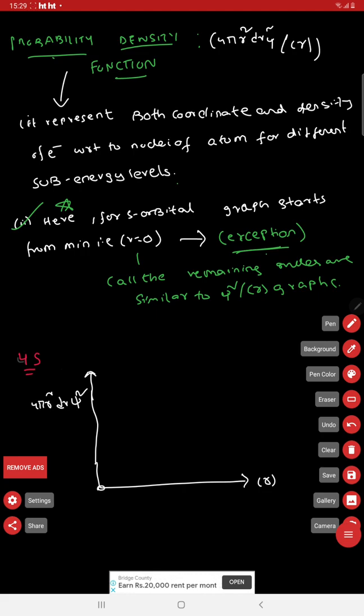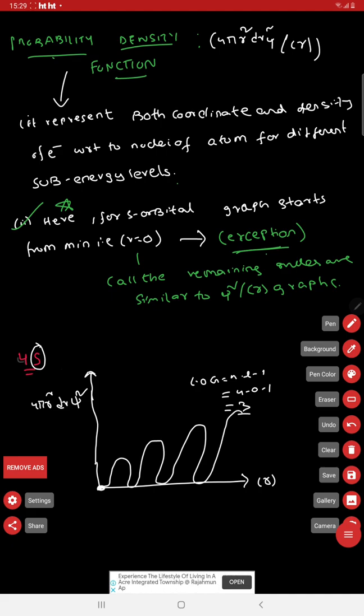Even though it is an s orbital, the graph here starts from the minimum. This is the exception, and the length of the graph is n minus l minus 1, that is 4 minus 0 minus 1, that is 3. This is r equals 0, and you can see these are the radial nodes, and this is r equals infinity. So that is the 4s graph.